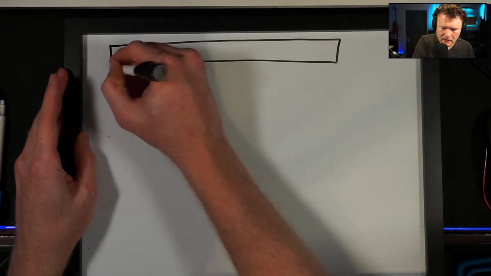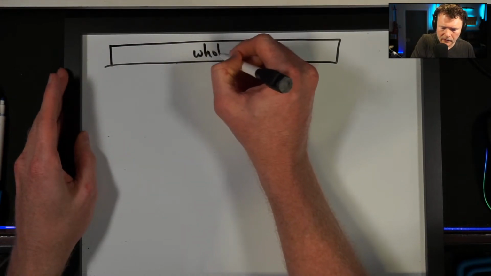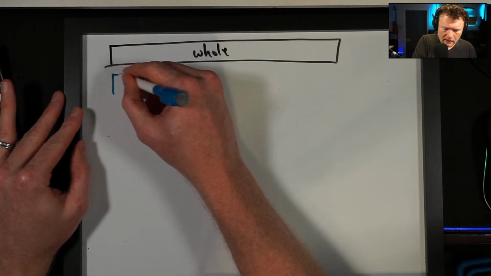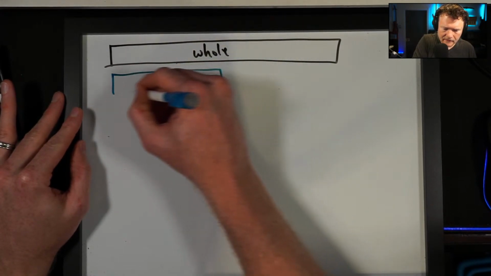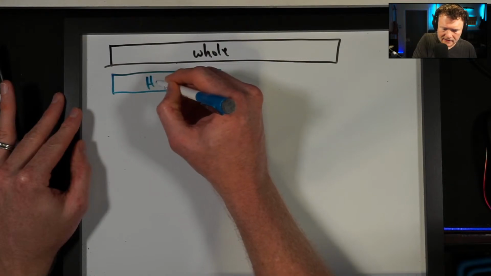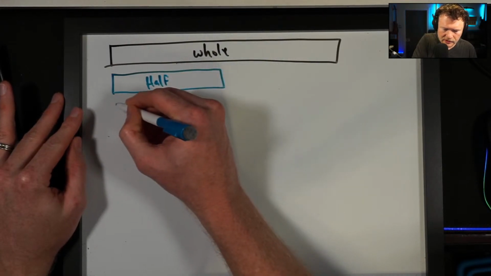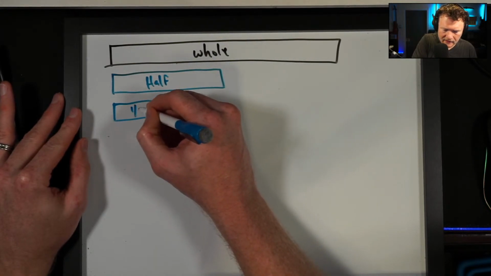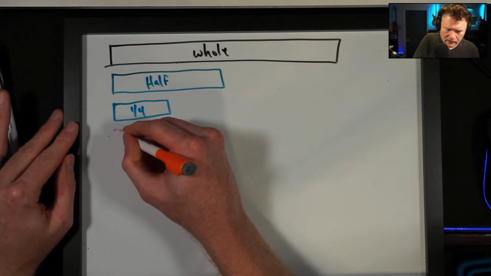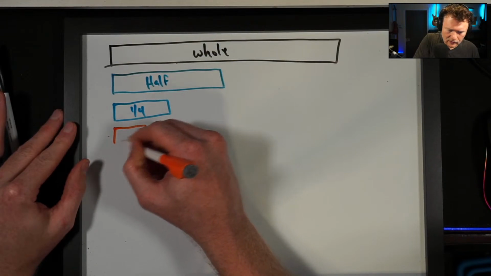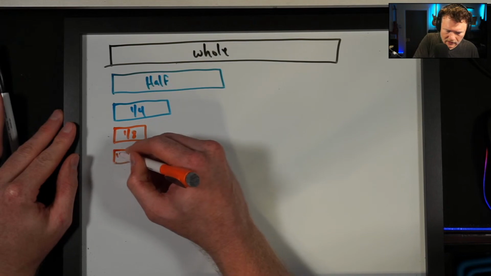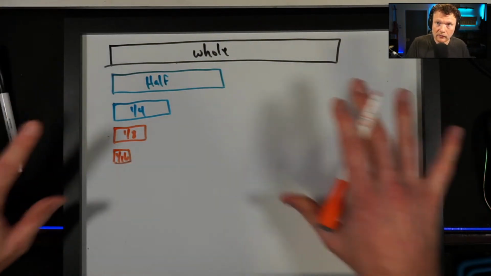So here's our whole, and then we're going to have our half pizza. It's going to be like this. This is a half note. Think of these in terms of notes. We'd have our quarter note, it's going to be half of that, and then we have our eighth note. And then finally we have our 16th note. Okay, you guys follow that right there?